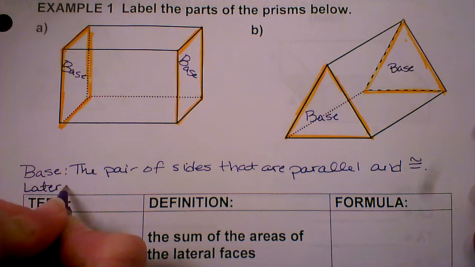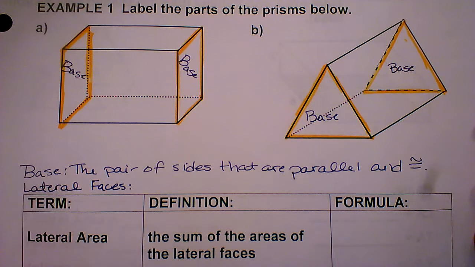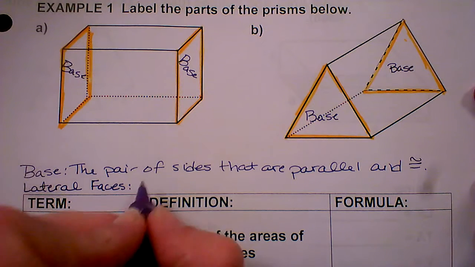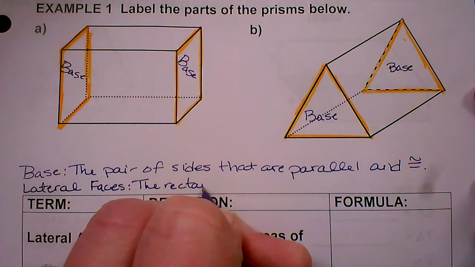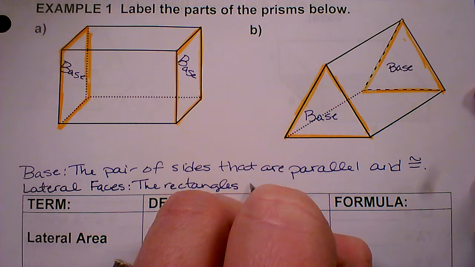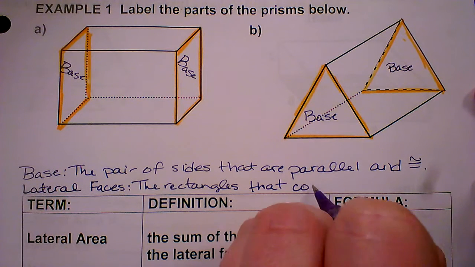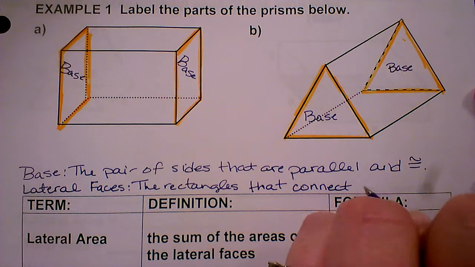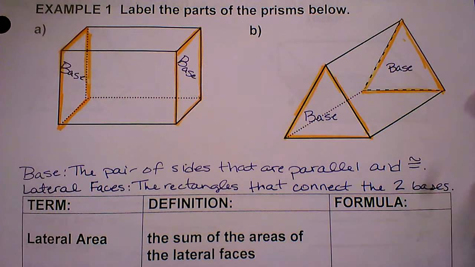Now the other sides are called something different. Those are called the lateral faces. So all of the other faces of the prism are rectangles that connect the 2 bases.